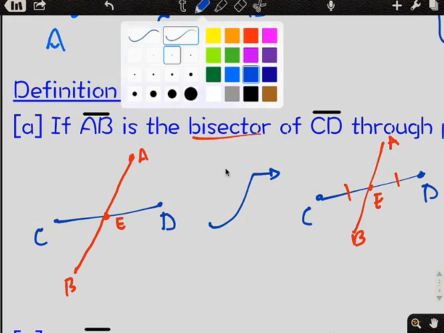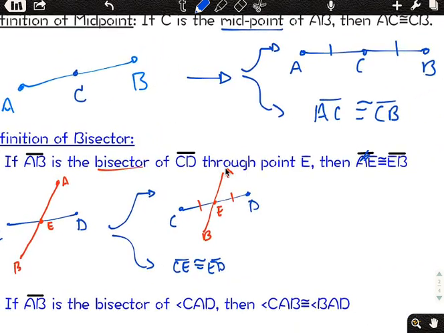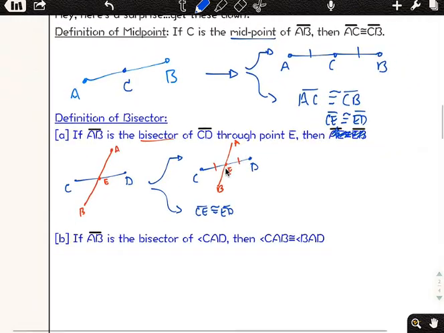On the notation end of things, it allows us to write a statement, CE congruent to ED. And I believe I actually have that wrong here. Yeah, so let's go ahead and scratch that guy out. That should actually be CE congruent to ED. And I apologize for that. I didn't quite catch that from before.